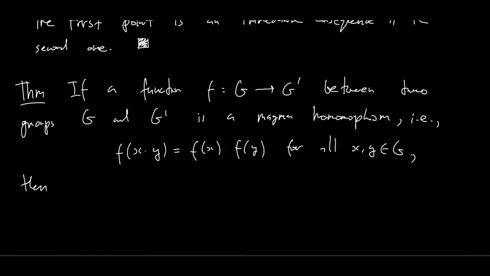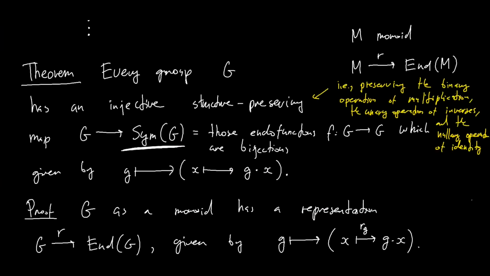then, so if it preserves multiplication, then it will preserve 1 as well. Then f preserves 1 and inverses as well. What that means is, of course, that f of 1 will equal 1 on the other side, and f of x inverse will equal f of x inverse on the other side.